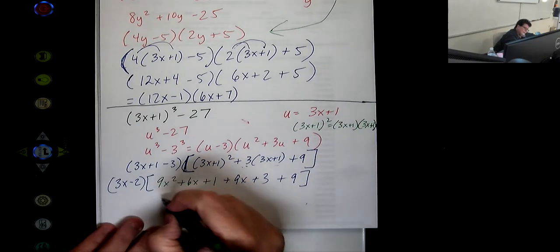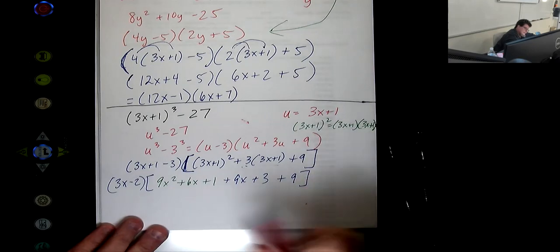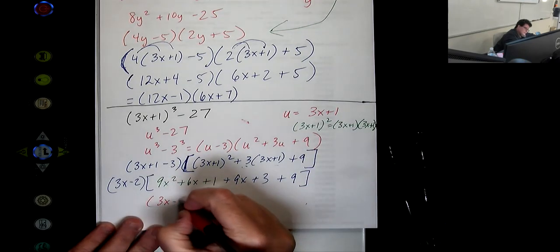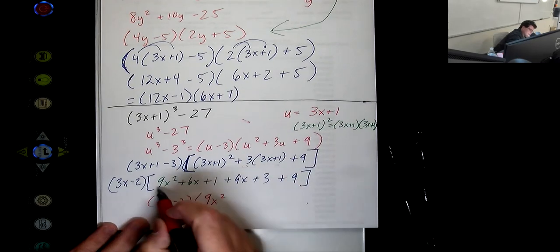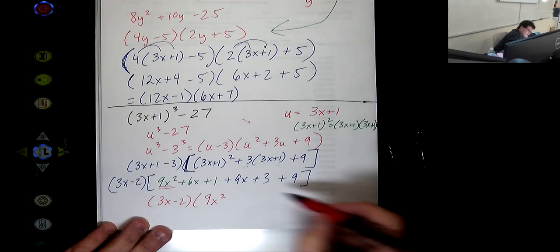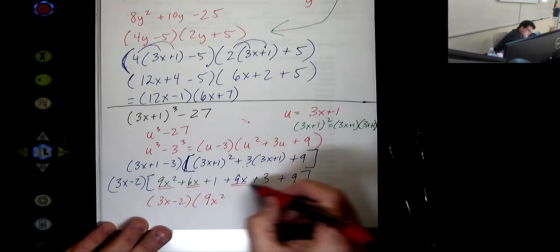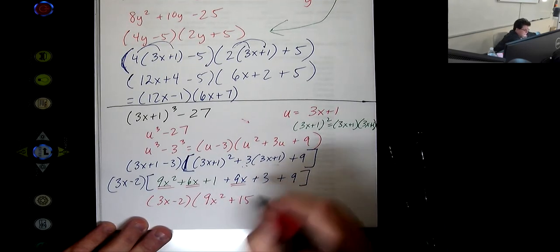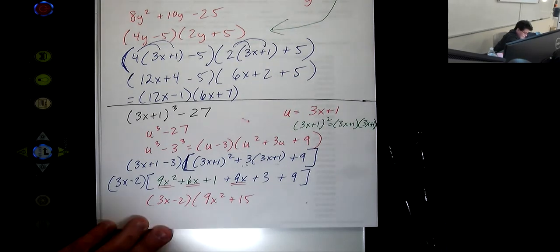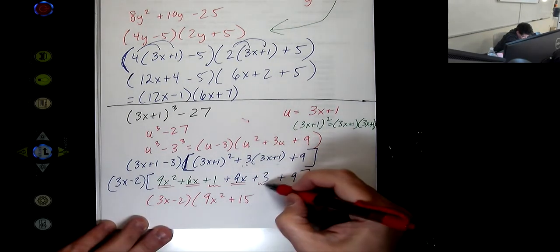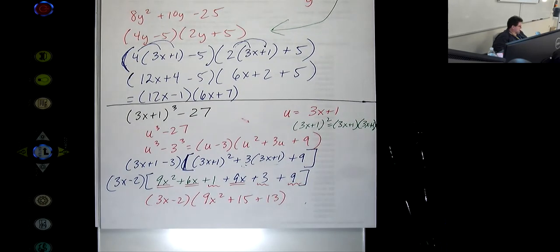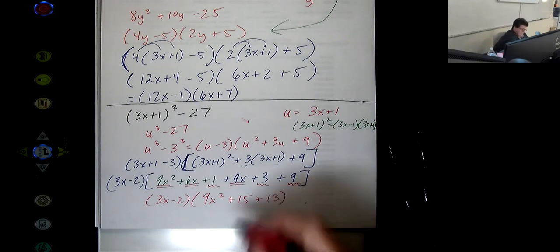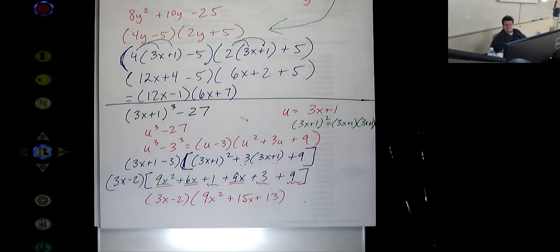And when I gather them all together, I get 3x minus 2 times I've got a 9x squared. I've got a 6x and a 9x, which makes 15x. And I've got a 1 plus 3 plus 9 is 13. And I'm missing x there. There we go.